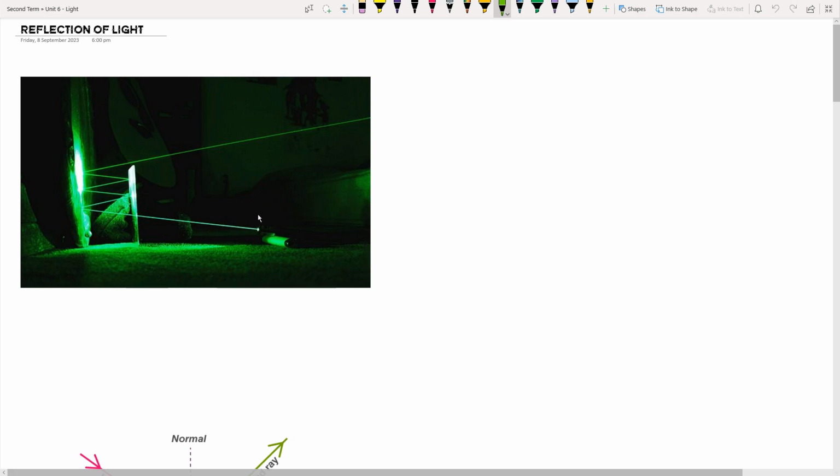As you can see, this is a laser image I've taken from the internet, in which here's the green laser which we're projecting. There's one mirror on this side, and there's another reflecting surface which the person who put up the setup has placed over here. As you can see, it's reflecting. The laser is bouncing off these reflecting surfaces, and this is where it goes.